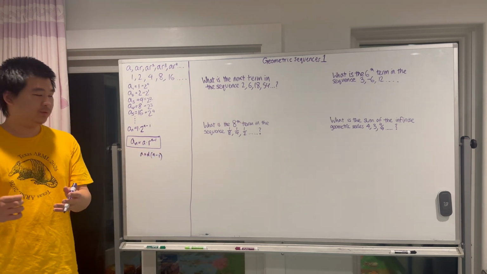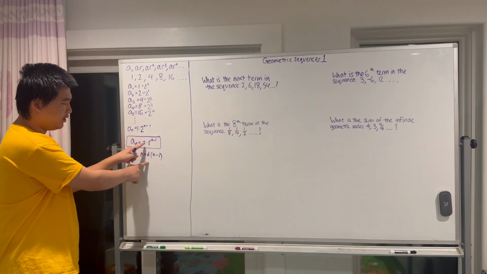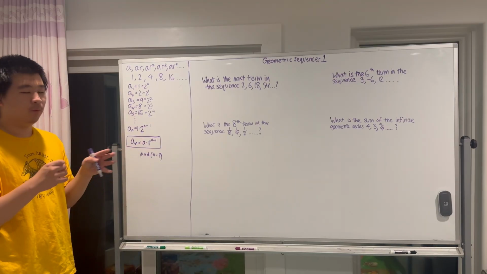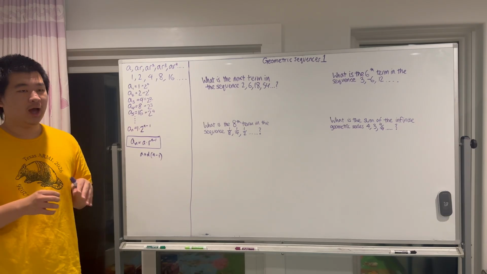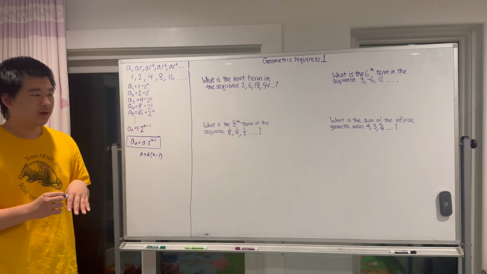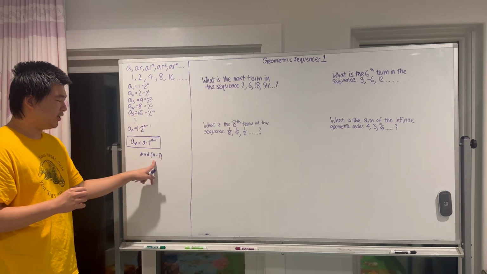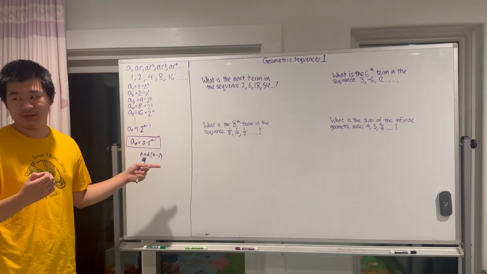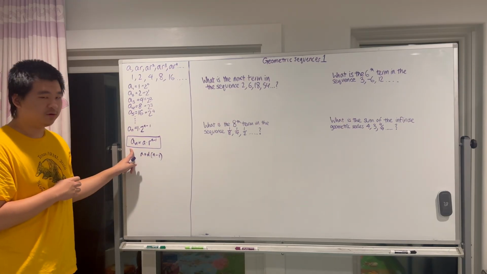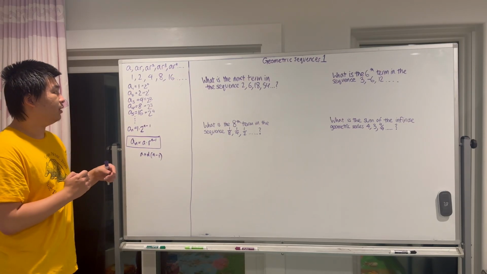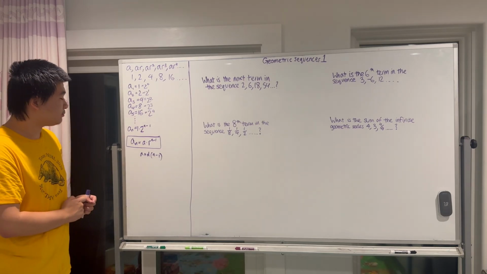The only difference really is that we have r instead of d, and now instead of repeated addition, we have repeated multiplication. So instead of multiplication, we have exponentiation, if that makes sense. So that is the general formula for the nth term of a geometric sequence.